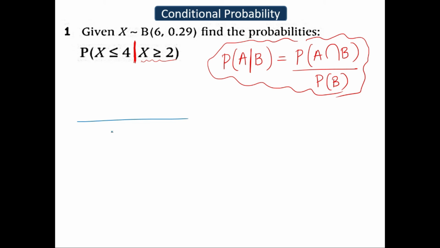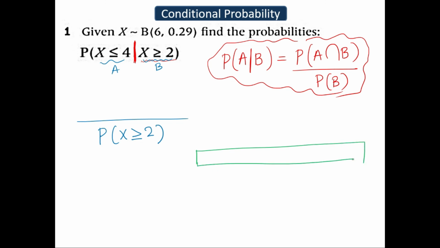We'll start with the denominator. The denominator is exactly the B part and this is the A. So probability of B, that means you want to know the probability of X greater than or equal to 2. Now for your understanding, I'll be drawing a figure here. The total number of trials, this is your N and this is your probability.